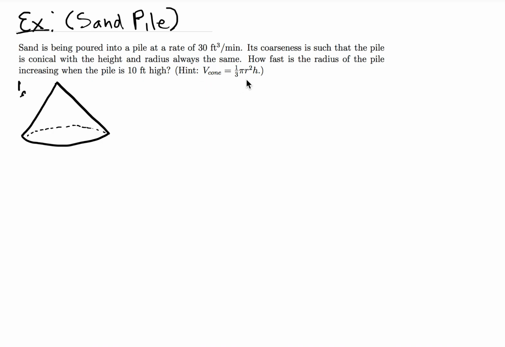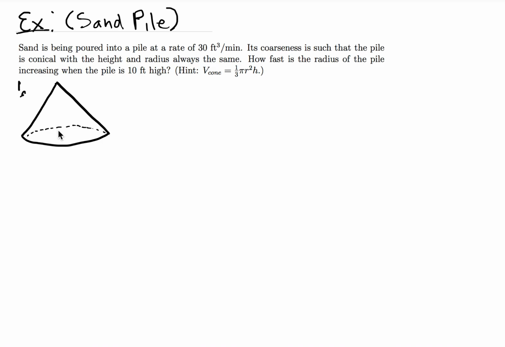Probably volume, radius, and height. We could go back and double check this, right? I see radius here, I see height here. They gave us this rate of change that is a volume per time unit, and that's a rate of change for volume, so that's probably where our V comes into play.